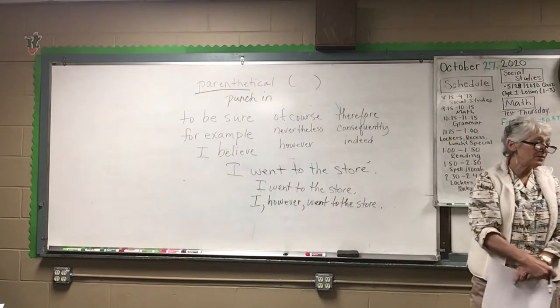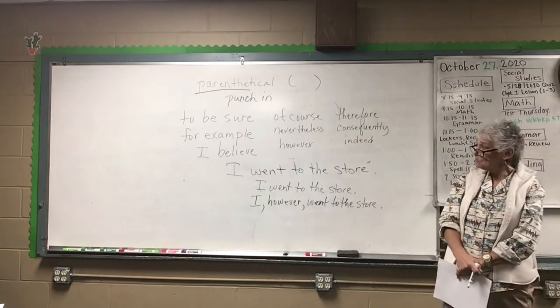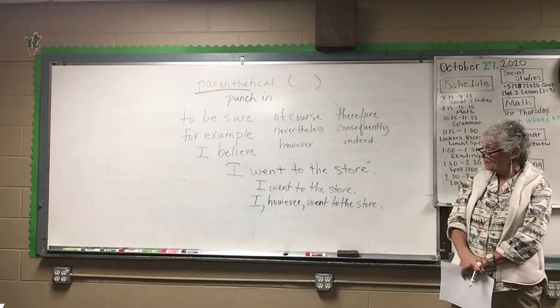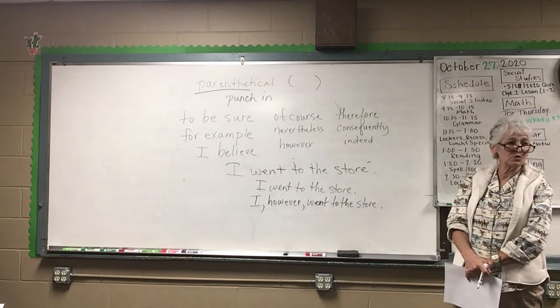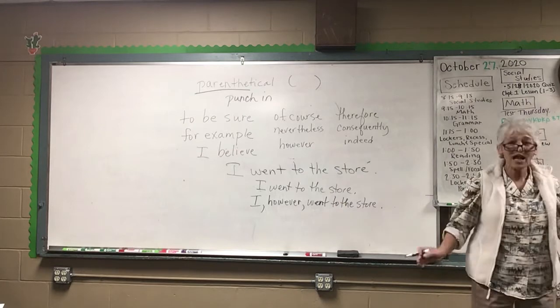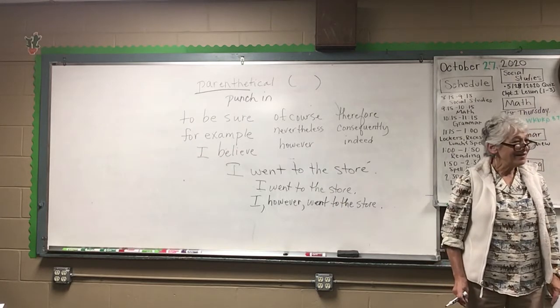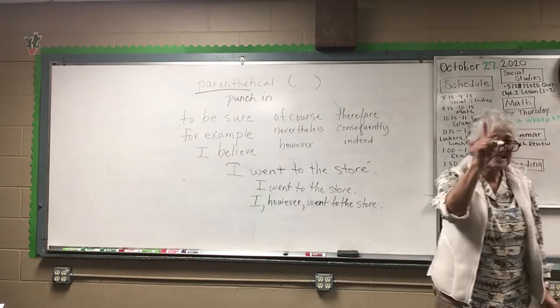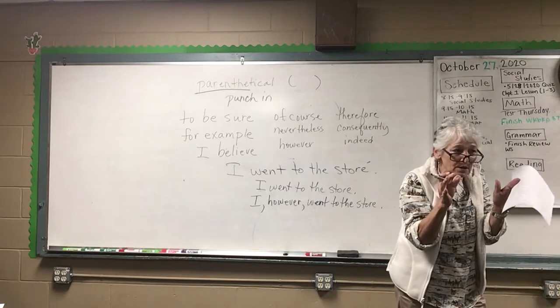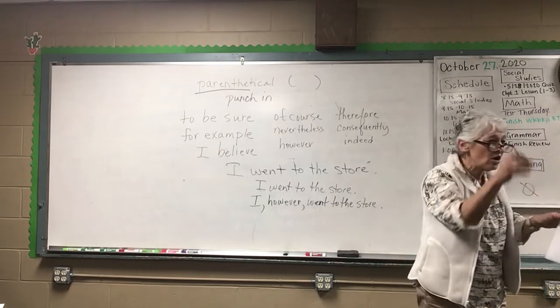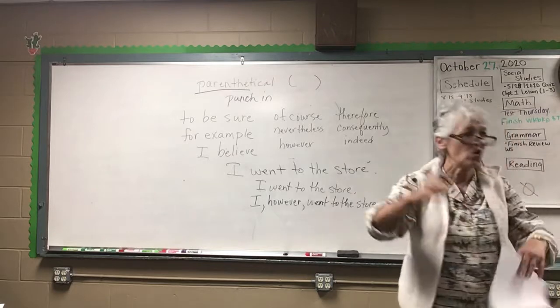Okay, another one, Taylor. I said, I went to the store. To be sure, I should make a list. Oh, no, ma'am. Oh, she got too verbose. You have to come up with one sentence and stop. You started, I went to the store, to be sure, I got blah, blah, blah.